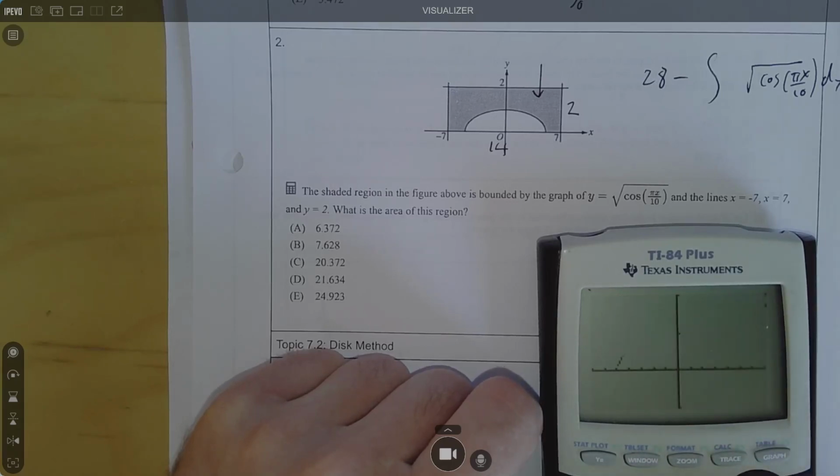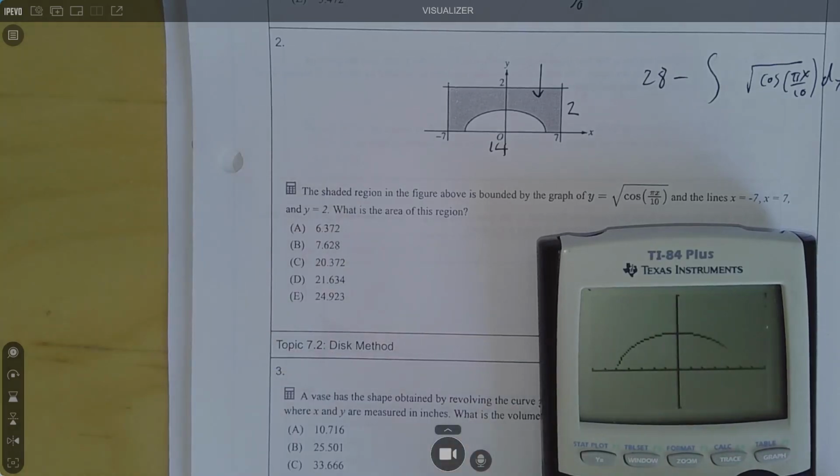So let's take a look here. Okay, if I trace it and go along the curve, you can see the bounds are going to be from -5 to 5, just by following the graph.